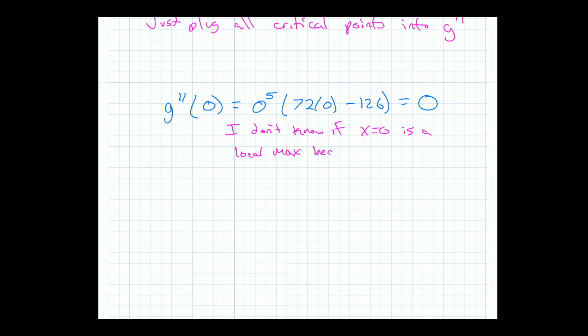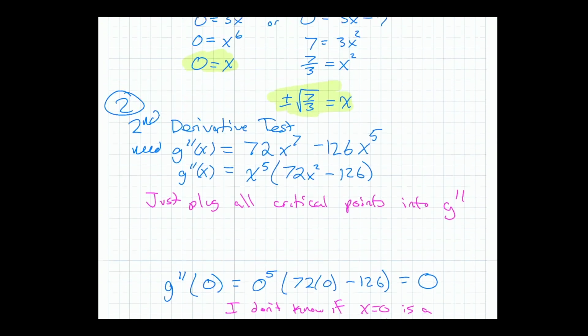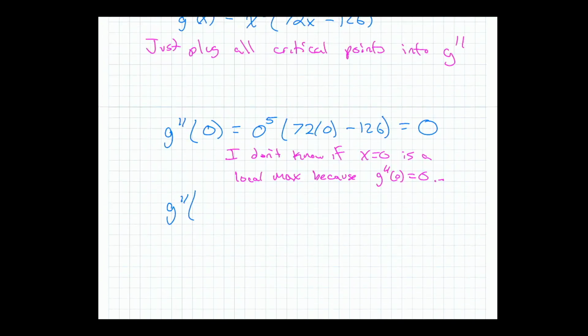All right, so that's already a bad thing that happened, right? We didn't want that g double prime to be 0, but it is. Let's go and test the others while we're doing this, though. So g double prime of, we got plus or minus root 7/3.